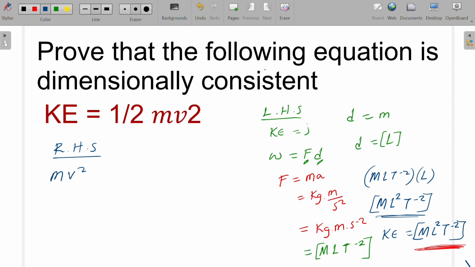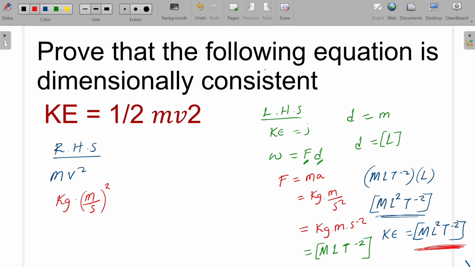Now mv², m is mass, v is velocity. So what we have here is the mass is measured in kgs. This is multiplying by the velocity. Velocity is measured in meters per second. But remember, this must be squared because we have v² in our formula there.